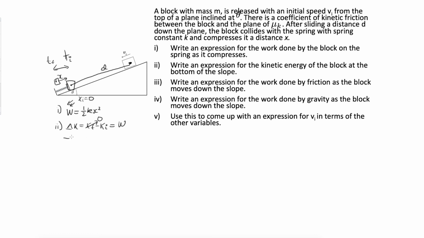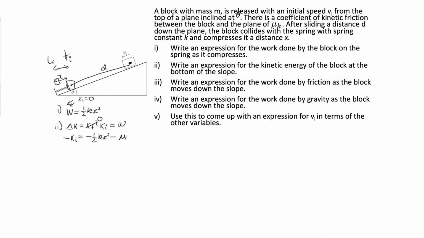So we've got minus the kinetic energy is equal to the work done on the block. The spring force is applying a force up the slope while the block moves the distance x down the slope. So this is minus half kx squared, which is done on the block. Before, this was the work done on the spring, so they've got opposite signs. And now we've still got the frictional force acting on the block, pushing it up the slope while it moves down the slope, so that's going to be negative.